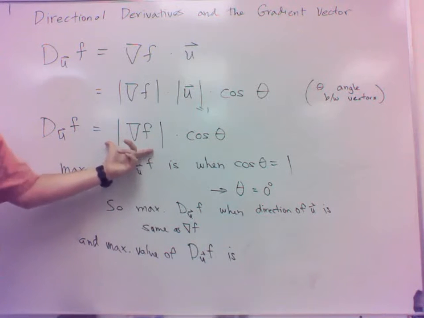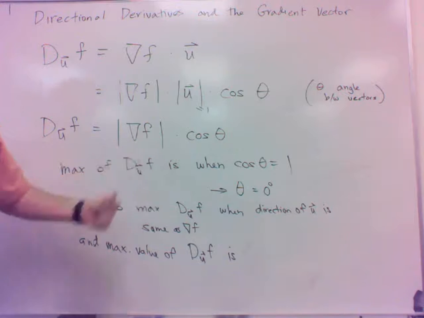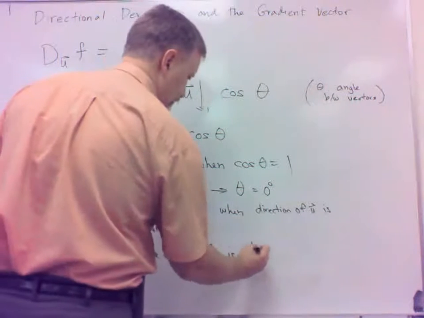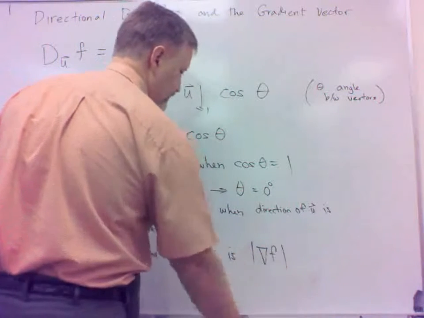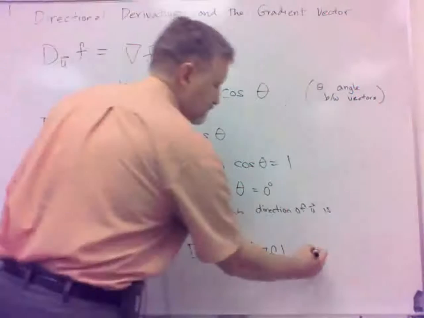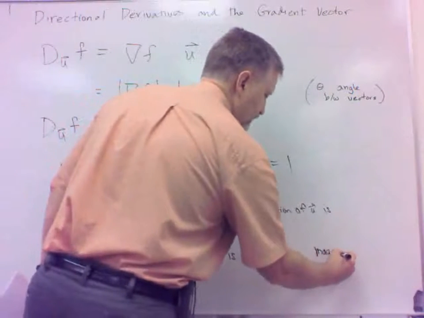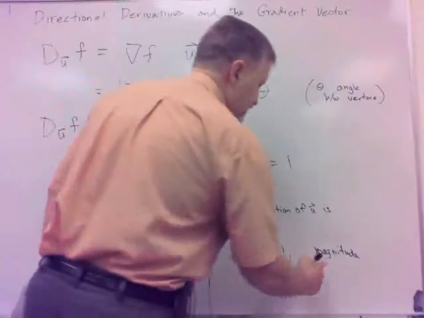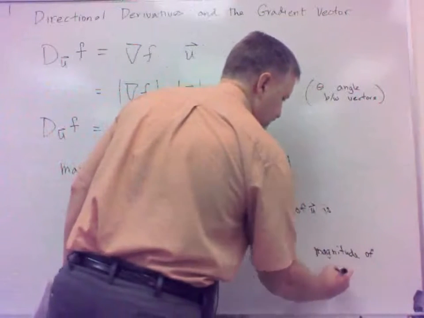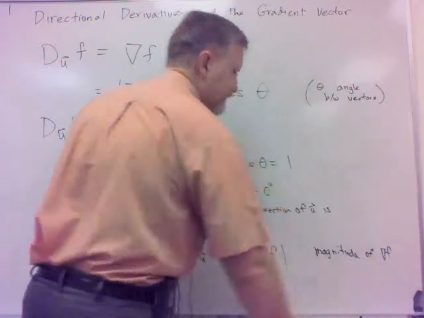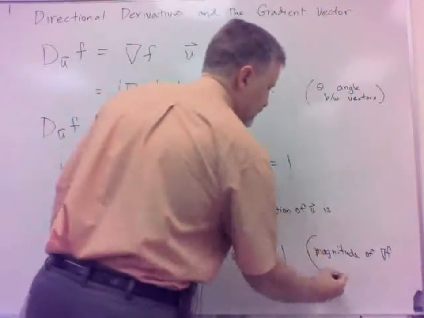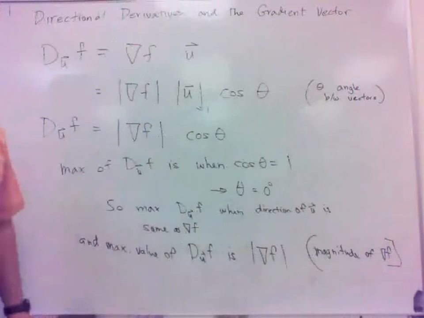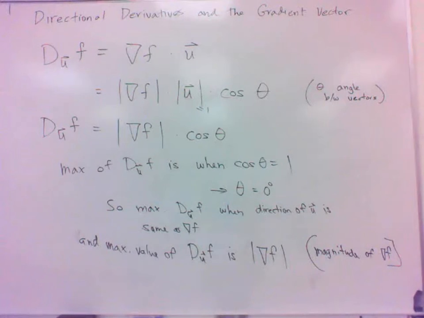It's just the gradient magnitude. So your maximum derivative is the magnitude of the gradient vector. That's as big as the derivative can get.